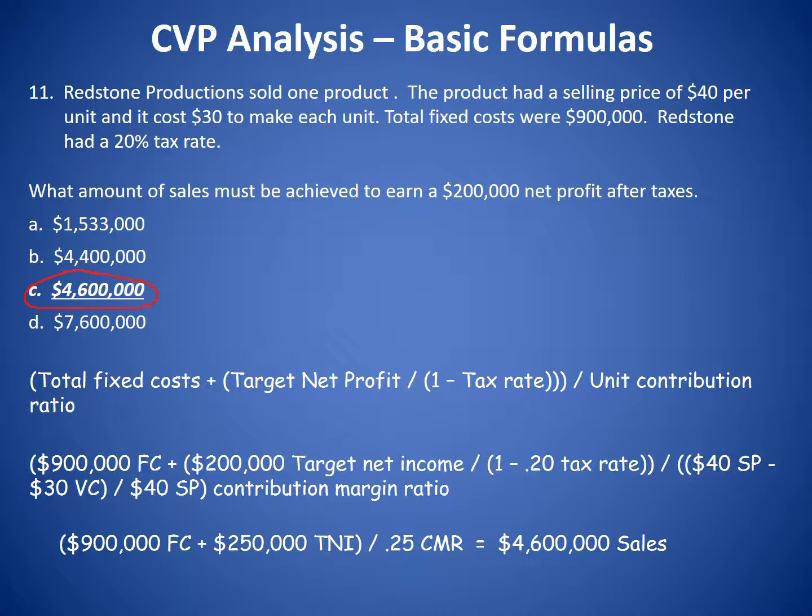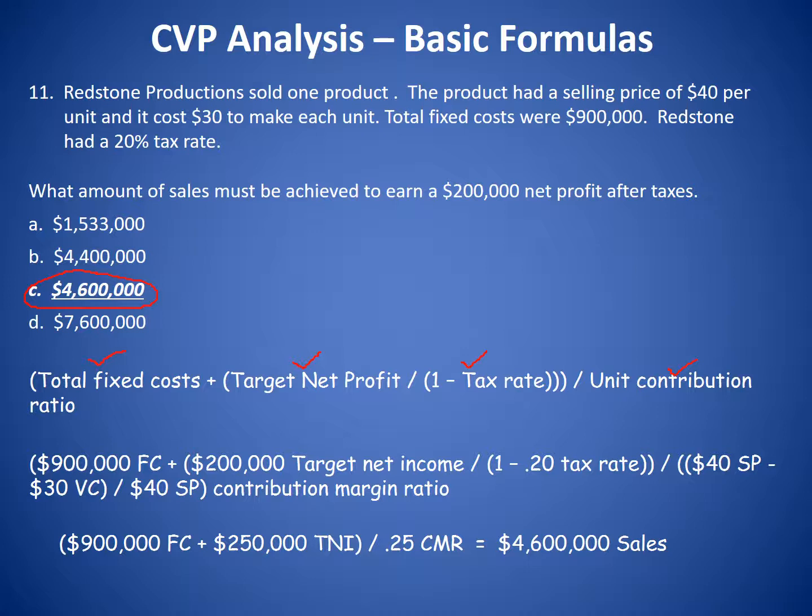And what we do is we use the sales volume formula for a target net profit after taxes, which is our total fixed costs plus our target net profit divided by 1 minus the tax rate, divided by then that quantity, our unit contribution margin ratio.